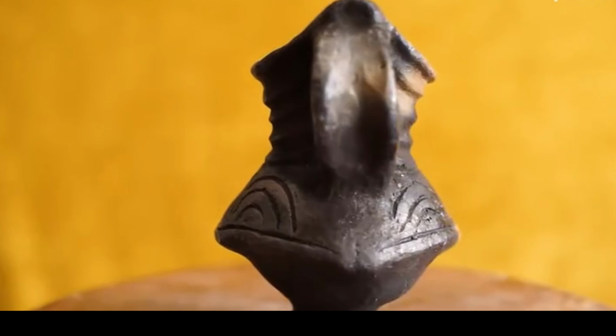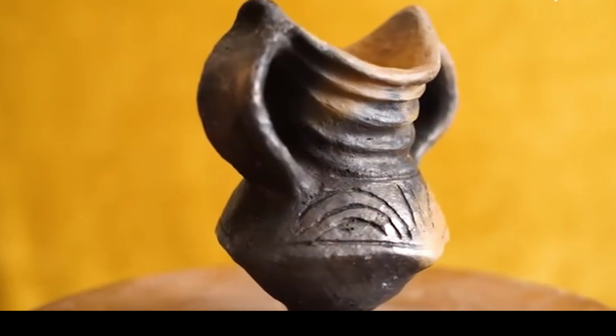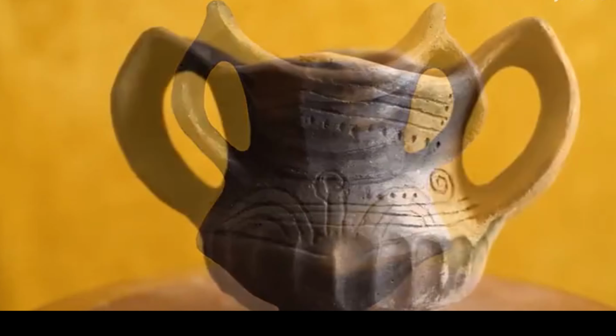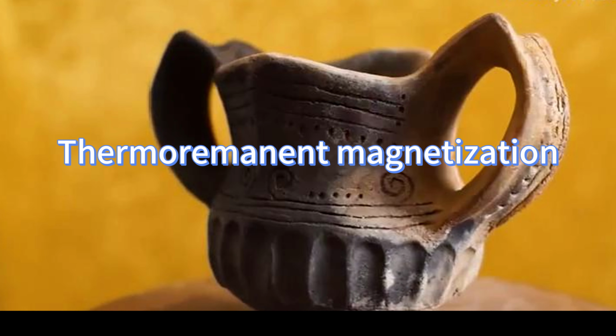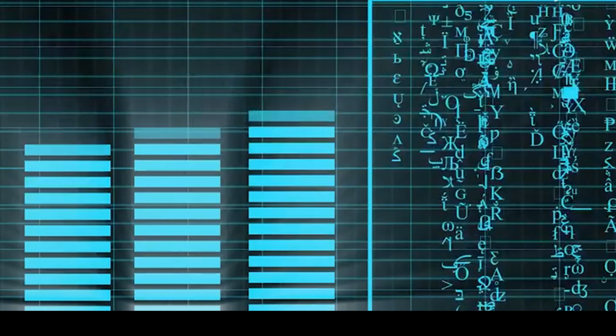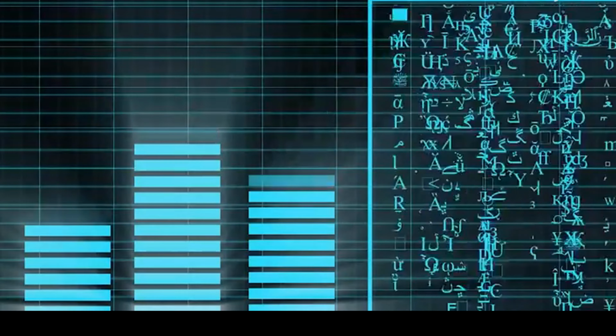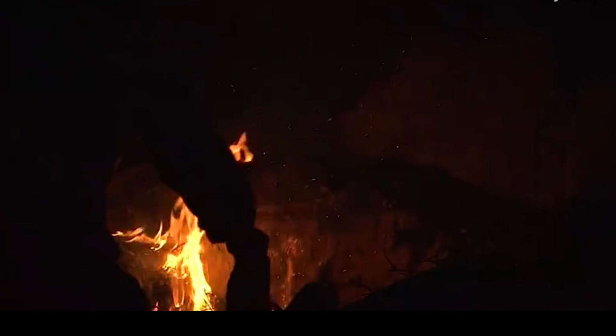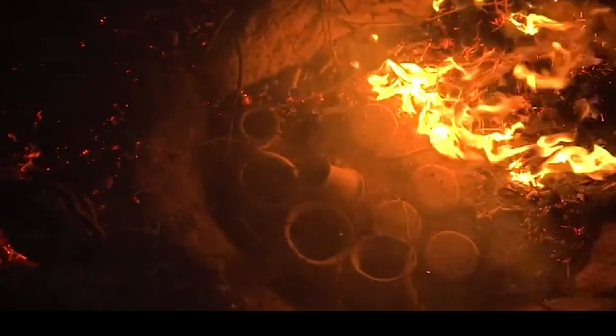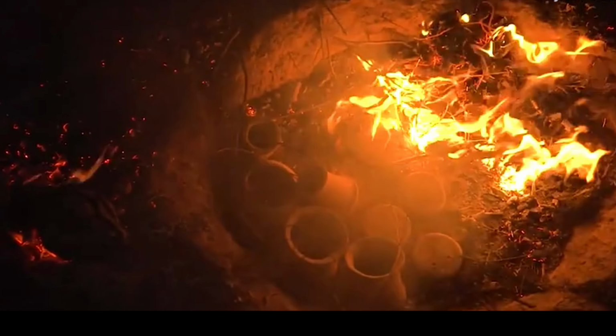Clay contains a small amount of magnetic minerals. When clay is heated to temperatures above 700 degrees Celsius, its magnetism completely disappears. Upon cooling, it acquires magnetism consistent with the local magnetic field, known as thermoluminescent magnetism, which remains unchanged for millions of years.